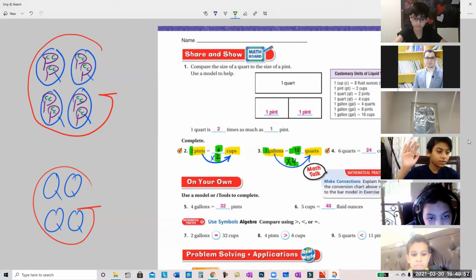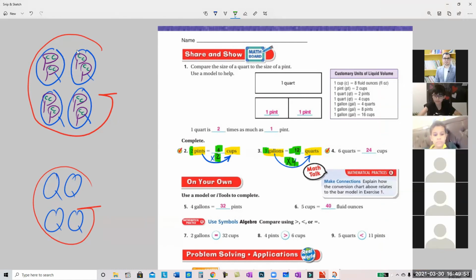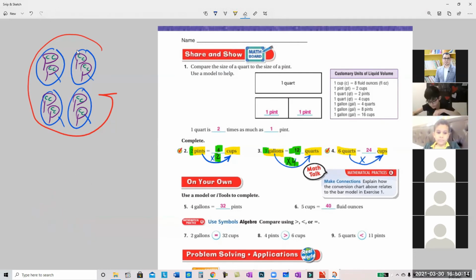Okay, what about Yusuf? Yes, Mister. Okay, Yusuf, the next one, we have number 4. 6 quarts equal how many cups? So we're going to multiply by what? 4 multiplied by 6.